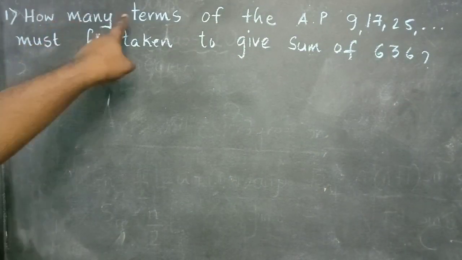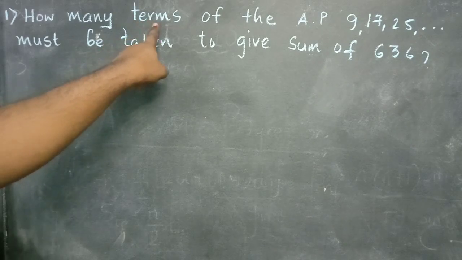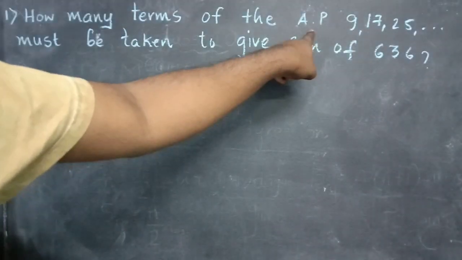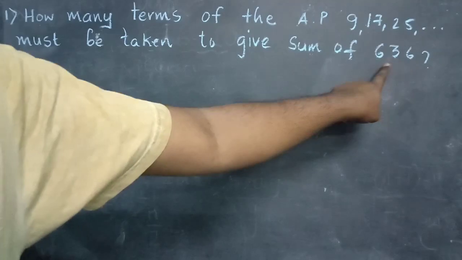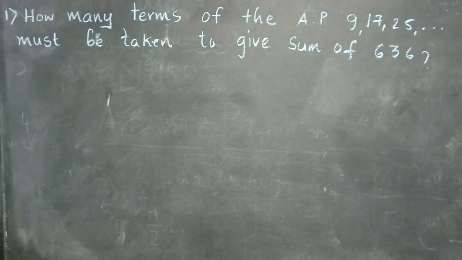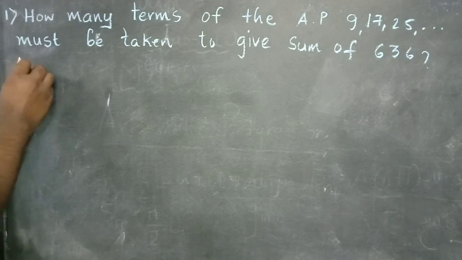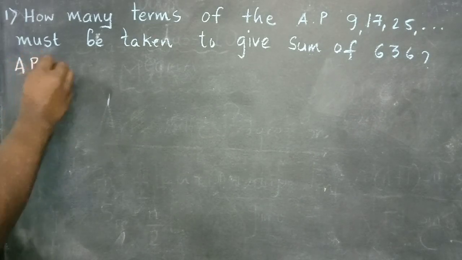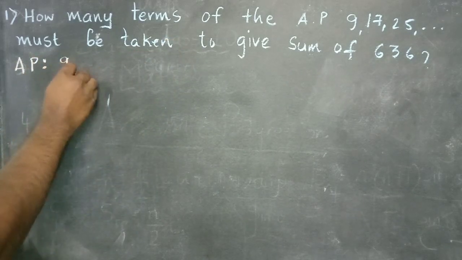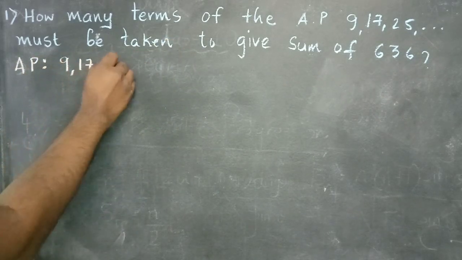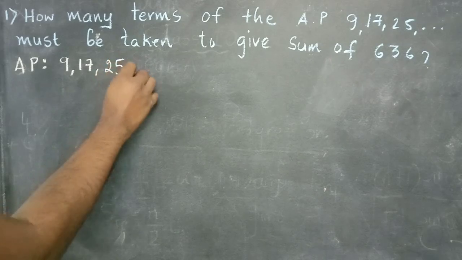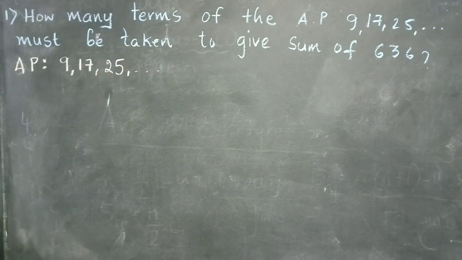So we should find the number of terms of this given AP such that the sum is 636. Now write down the given AP. The AP is 9, 17, 25 and the list goes on.